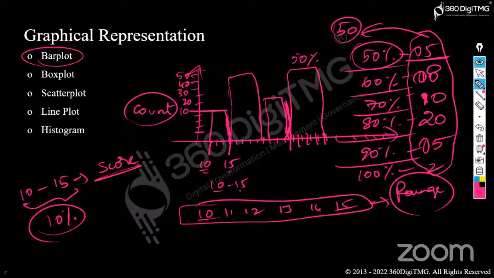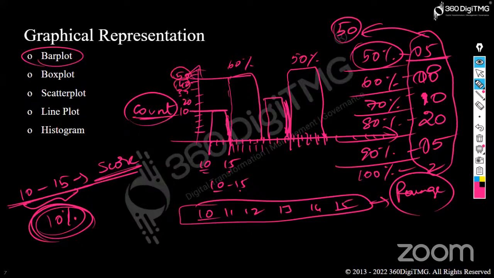And when it comes to 60%, you'll be having 1, 2, 3, 4, 5, 6 or 8 people. So for every range of score, you will be getting a probability or the count that you are getting. So that particular count you will be finding.